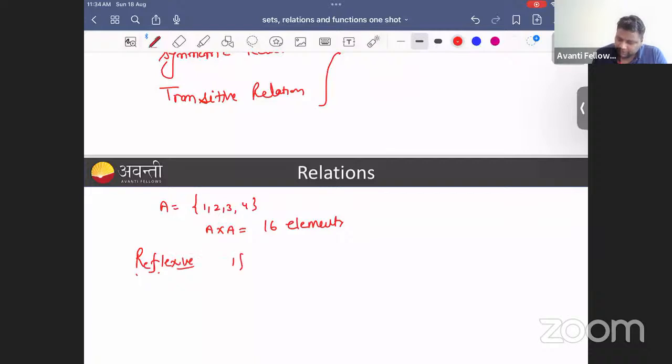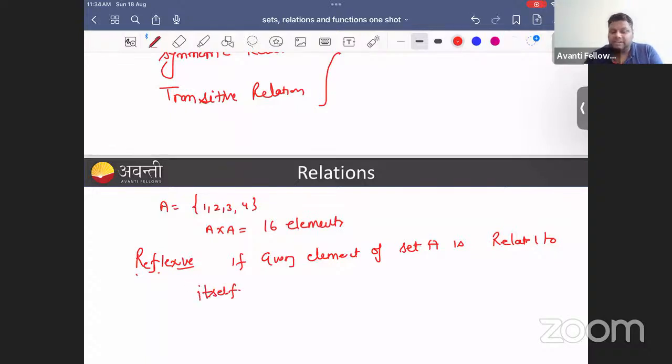See, if every element of set A is related to itself, that means what? Say A is having elements 1, 2, 3, 4. So every element of A is related to itself means 1,1; 2,2; 3,3; and 4,4.